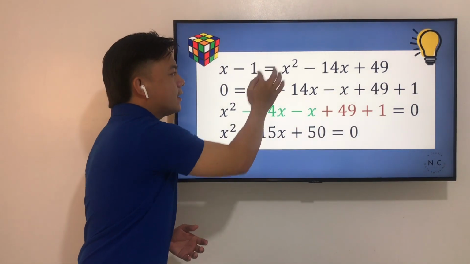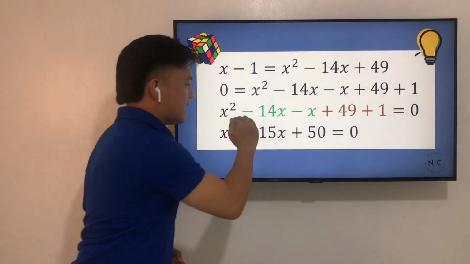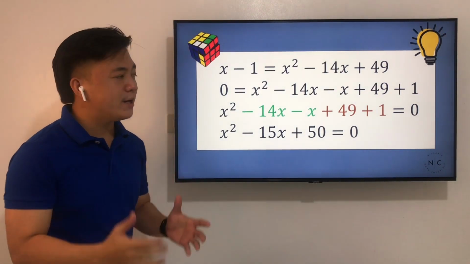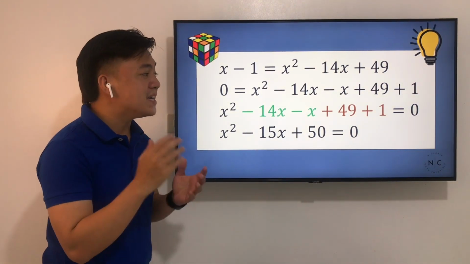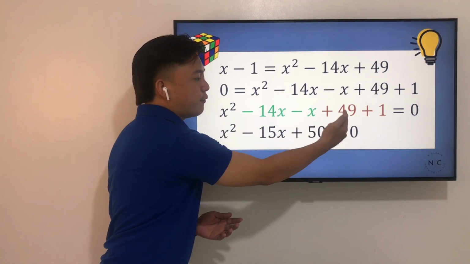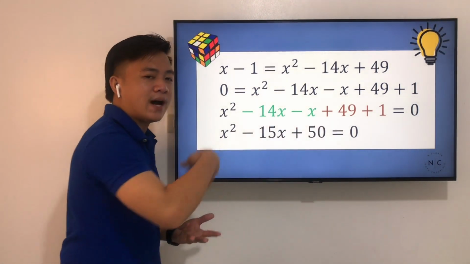And then, yung negative 1 is magiging positive 1. So, itong equation na to is same as this one. So, yung 0 is equal to x squared minus 14x minus x plus 49 plus 1 is same as x squared minus 14x minus x plus 49 plus 1 is equal to 0.